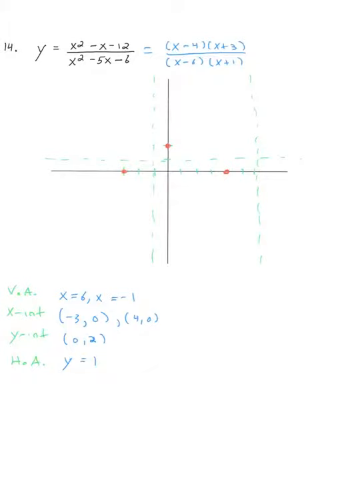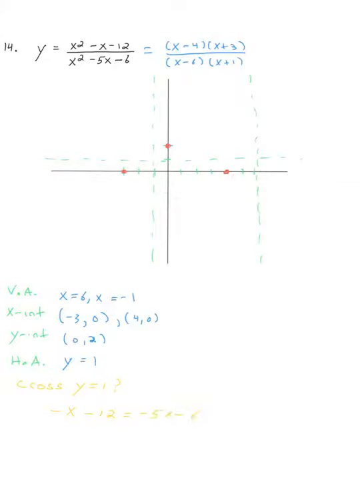So does this cross y equals 1? Again, we have a situation where you can see it pretty easily. It would have to happen somewhere around here between these two points. So I'm going to set this equation equal to 1. And again, we've seen that this amounts to solving negative x minus 12 is equal to negative 5x minus 6.